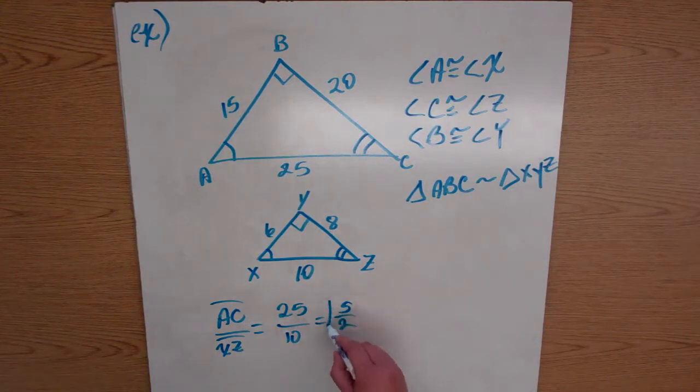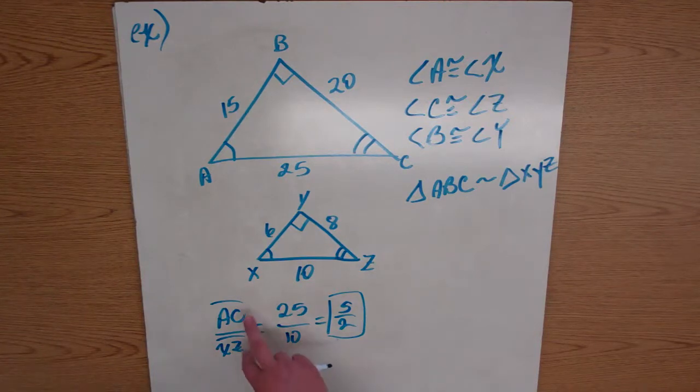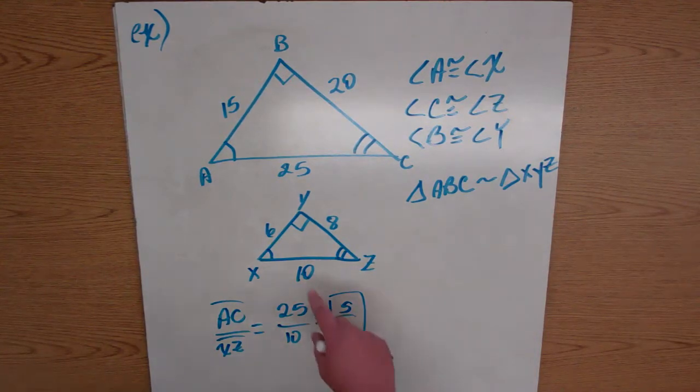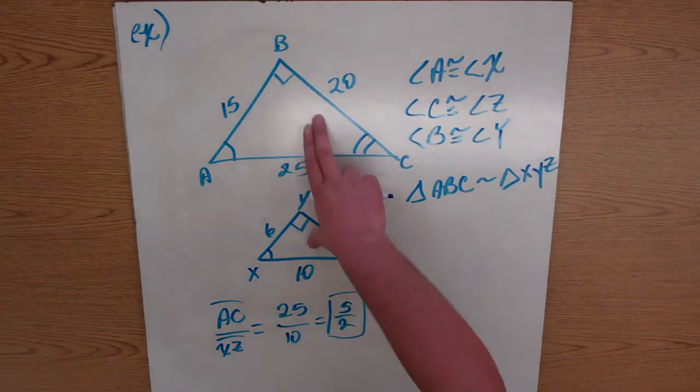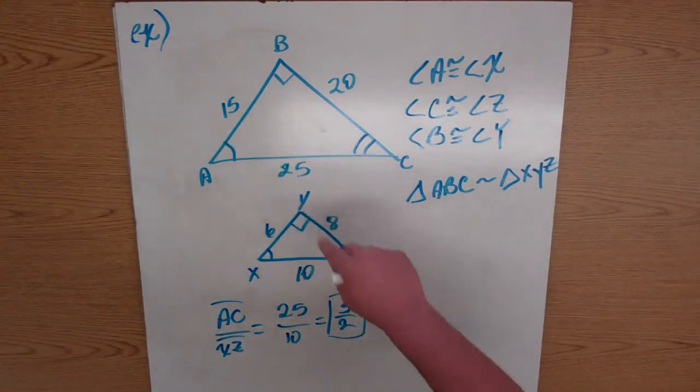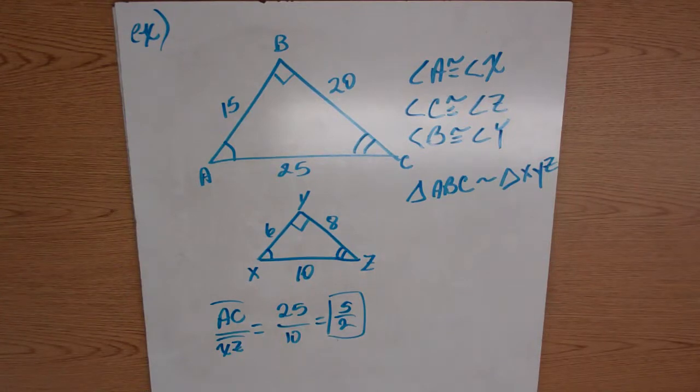That is our scale factor or similarity ratio of these 2 sides. Now, if all 3 pairs of sides have the same similarity ratio or scale factor, that means the similarity ratio or scale factor between the 2 triangles is the same number.